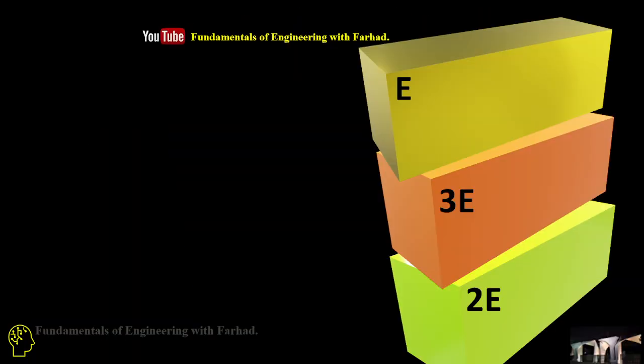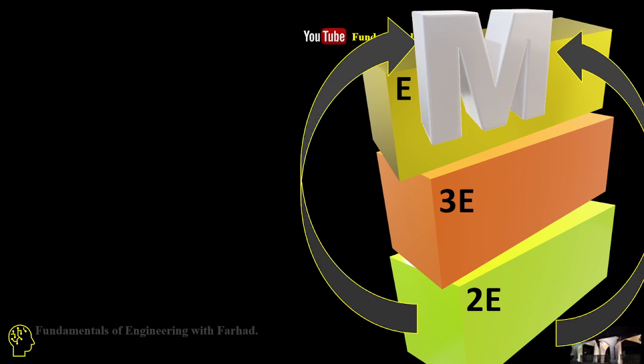Let's see, we have three boxes sitting on top of each other with different moduli of elasticity, handling a positive moment of M at both sides.